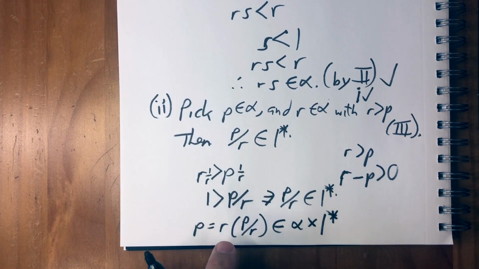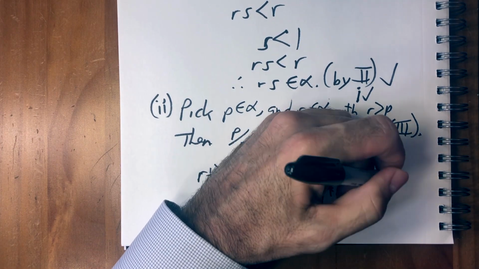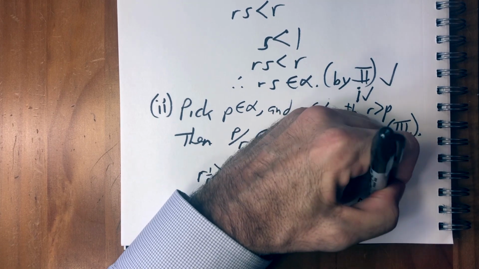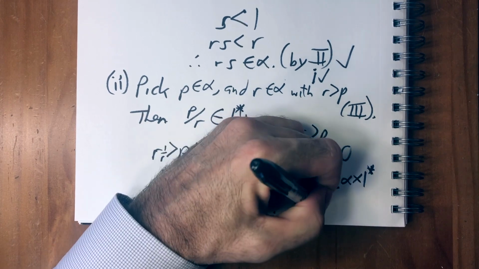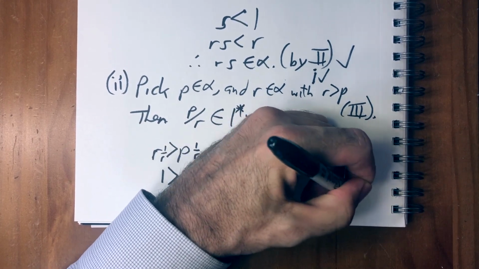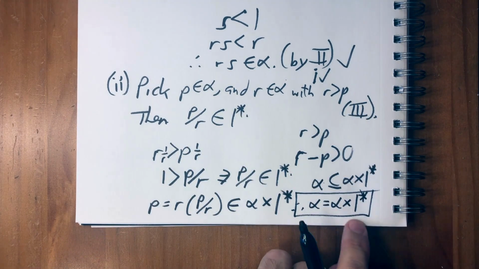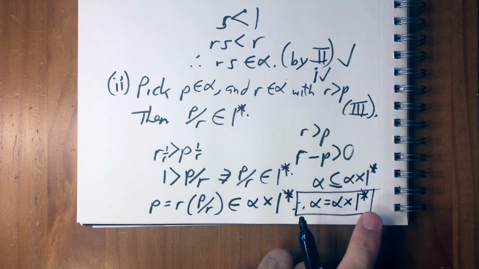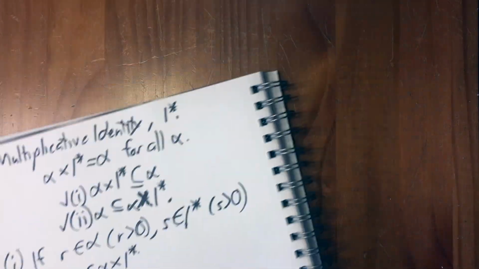So we started with something that is in alpha, and we showed that it's also an element of alpha times 1. So alpha is a subset of alpha times 1. That is inclusion number 2. So we're done. Alpha equals alpha times 1. That means that 1 is the identity element of R. Okay, good.